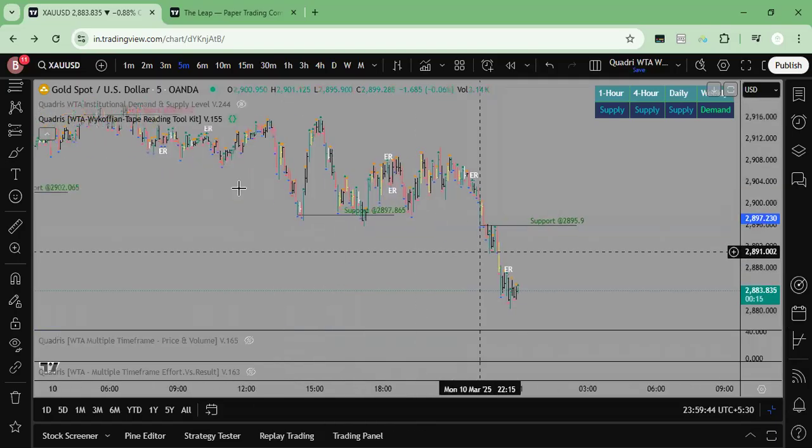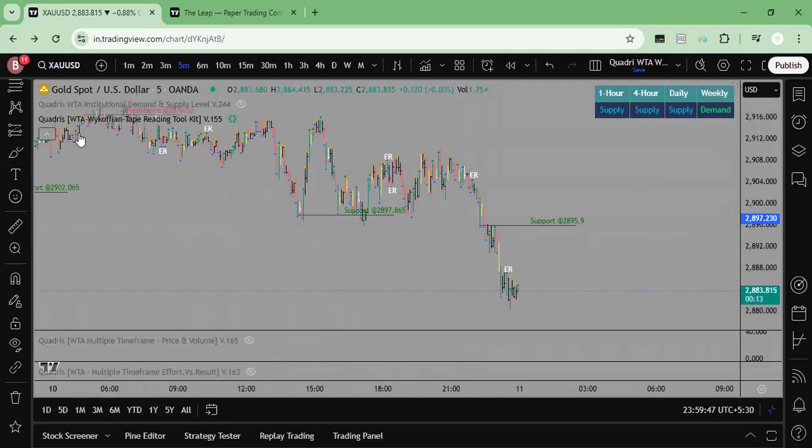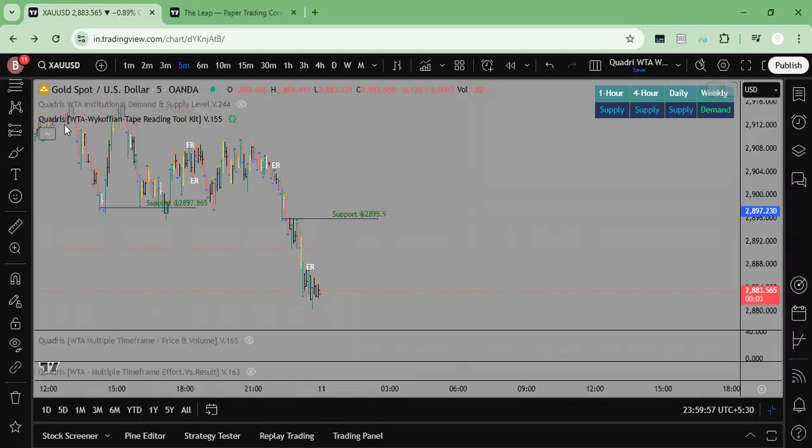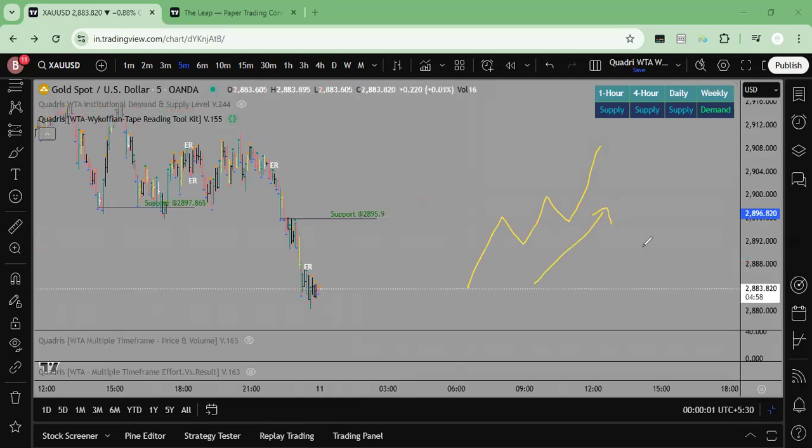We'll begin with what we are looking at on the chart: the Tape Reading Toolkit version 155, which was developed based on the principles of Wyckoff. That is, if price is increasing, a markup phase is going on, so we want to see demand greater than supply.